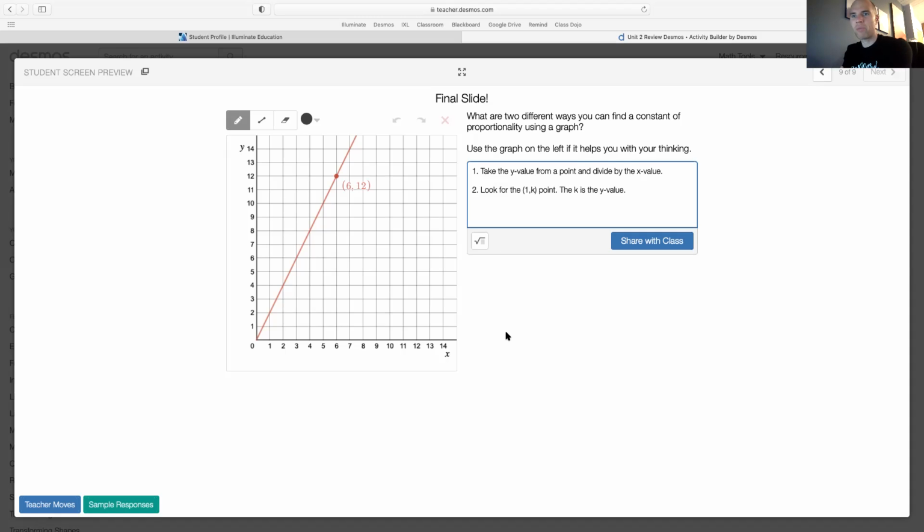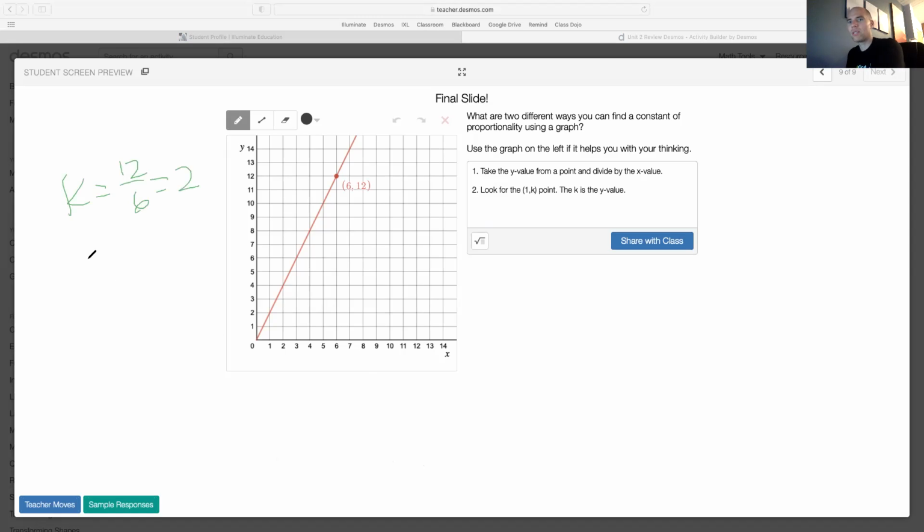So what I mean by that is we know that k for this graph is that 12 divided by that 6, which equals 2.